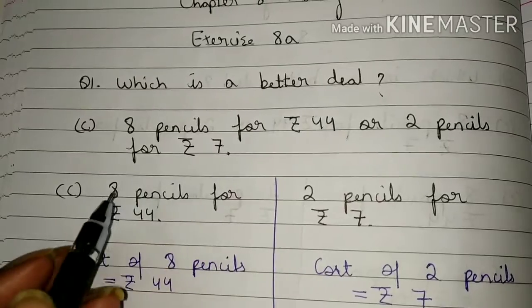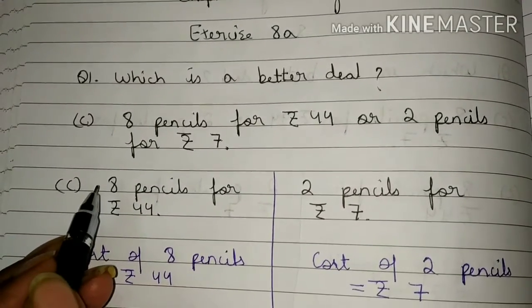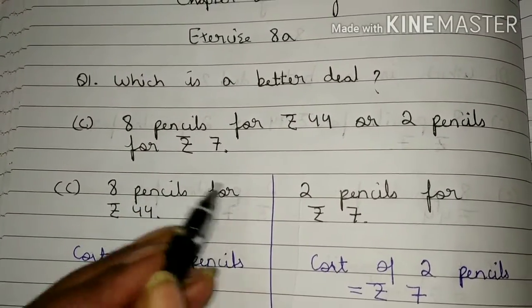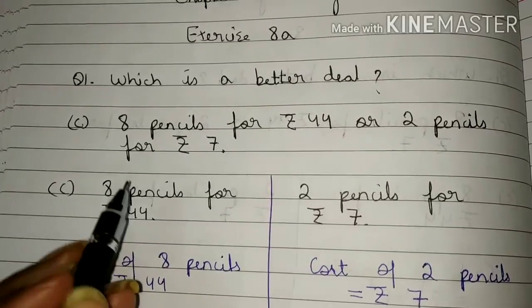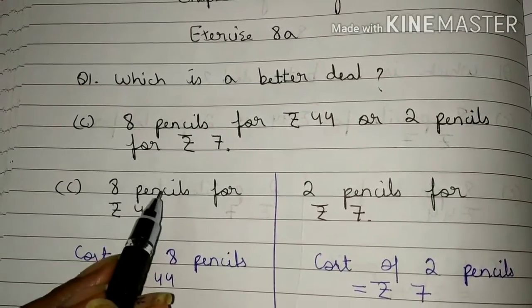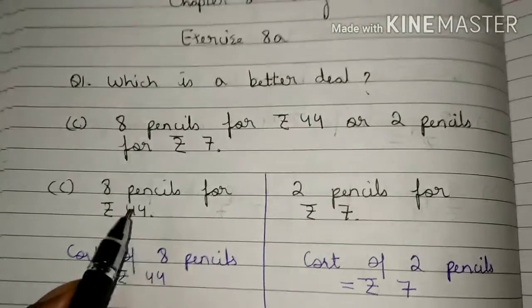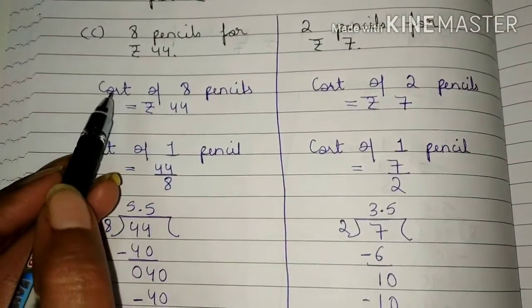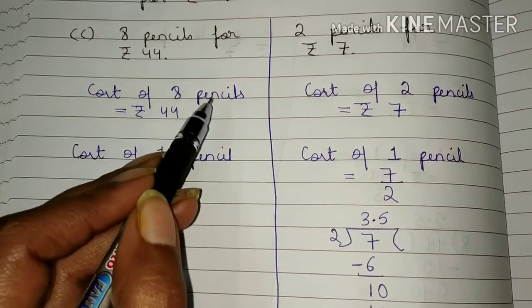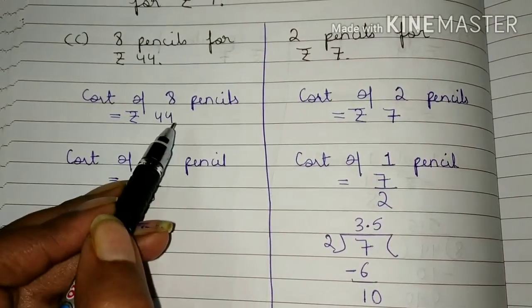First deal is 8 pencils for rupees 44. It means cost of 8 pencils is rupees 44.